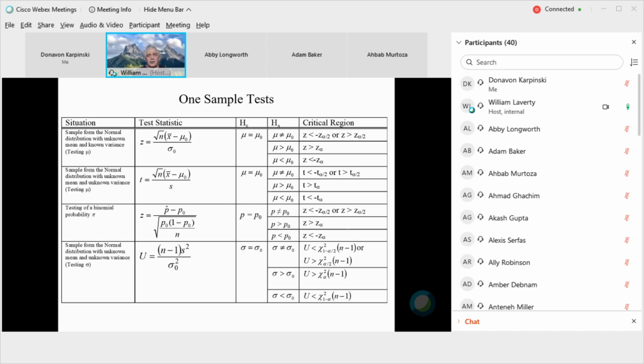The chi-squared distribution is not symmetric about its center, so the lower limit is obtained differently from the upper limit. Here, because the normal distribution and the t-distribution are symmetric about 0, the lower limit is just the negative of the upper limit. Here you have to look up the lower and upper limits specifically.